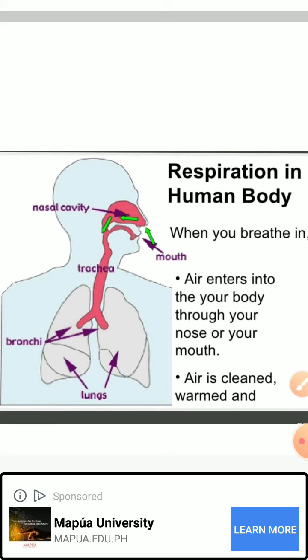When we breathe in, air enters the body through the nose or mouth. In the nose, hairs are present, so all the dust particles present in the air are trapped by the hairs in our nose. The air is cleaned and also warmed.